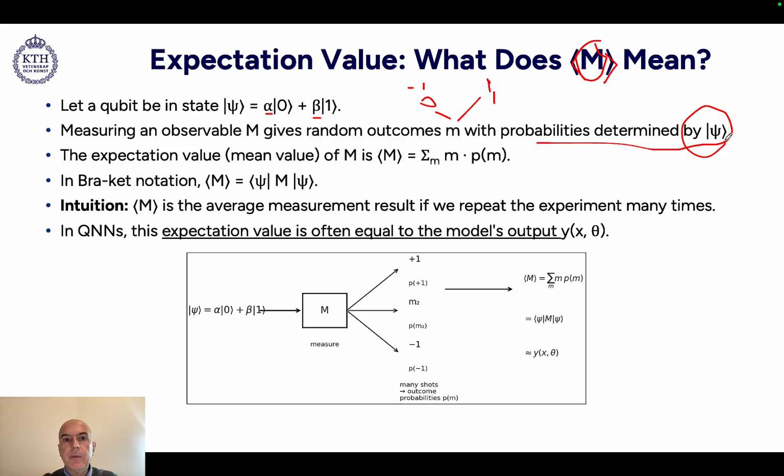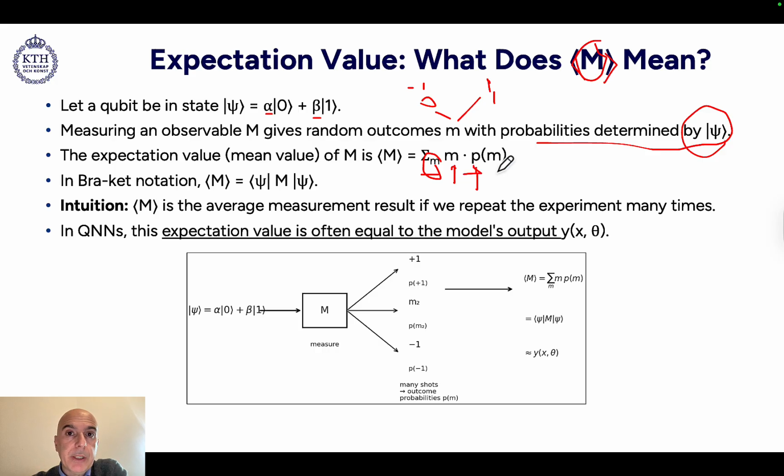The expectation value is formally defined as the sum over the possible outcomes. In the case of one qubit, we can have only two outcomes, either 0 or 1. So M will go across 0 and 1. And the expectation value is just the sum of the possible outcomes, each multiplied by its probability.